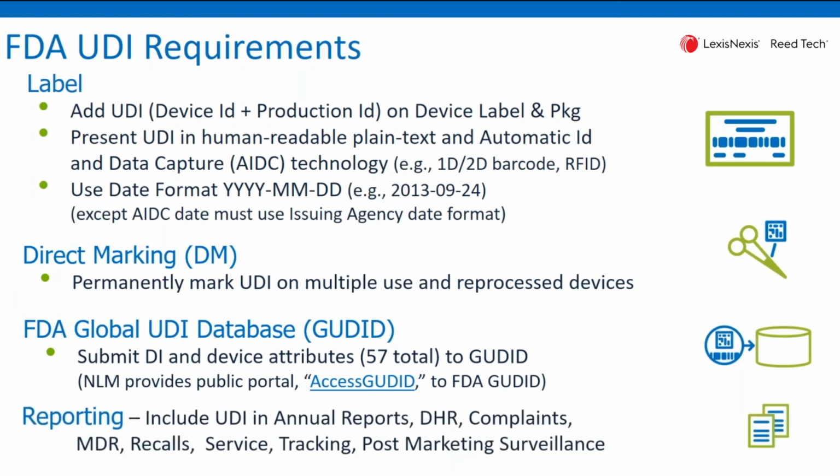And the 4th major area is making sure UDI is included in your SOPs, all the documentation, recalls, tracking, all other types of support documents that you have for your medical device.